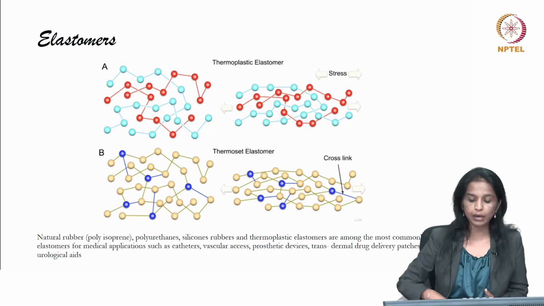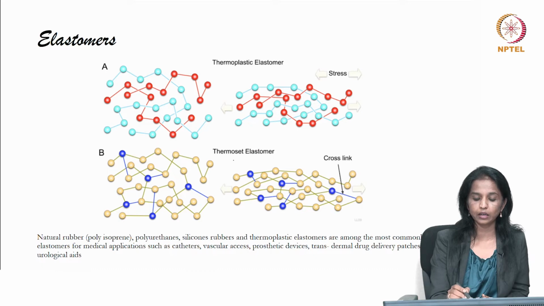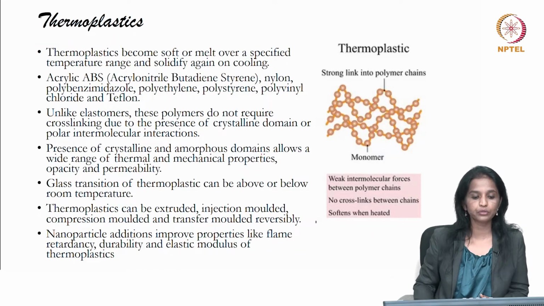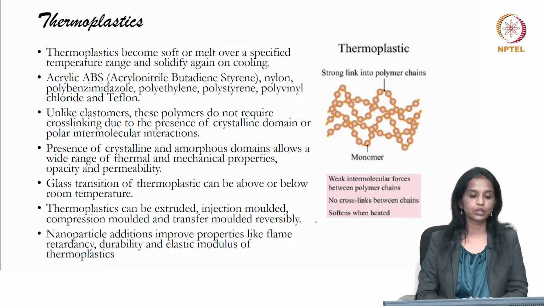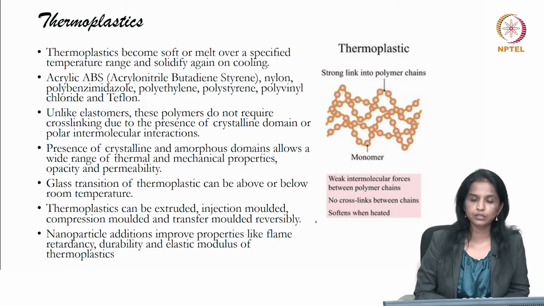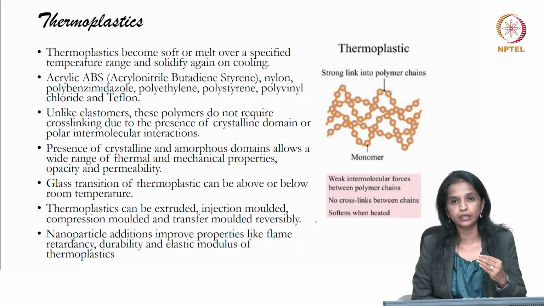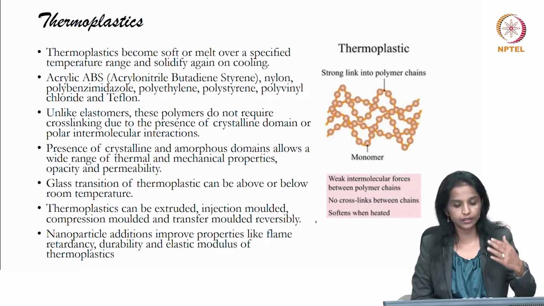This is a schematic diagram which represents the thermoplastic elastomer and thermoset elastomer. We will go into the details of thermoplastics, and understand that best. Thermoplastic, as the name indicates, suggests that there is a plasticity to that material which reacts with increase in temperature.